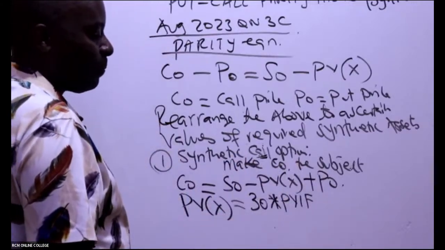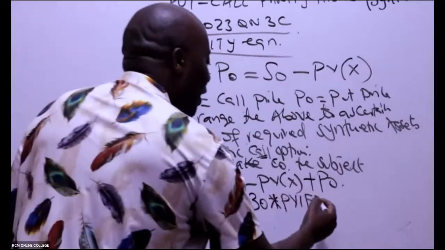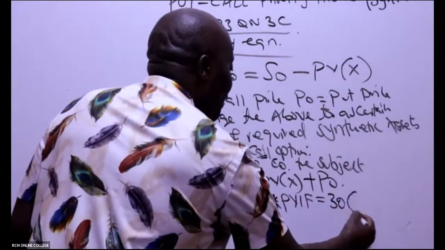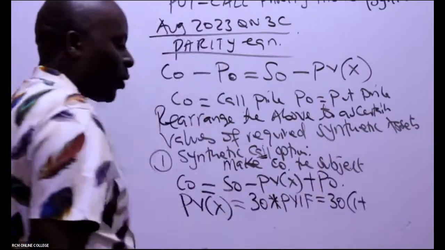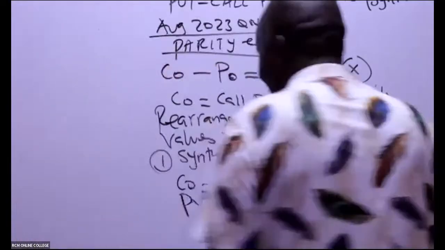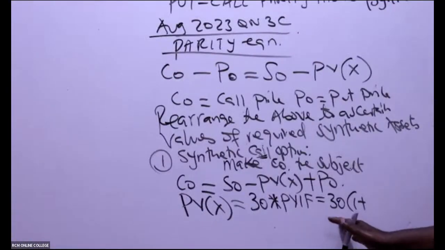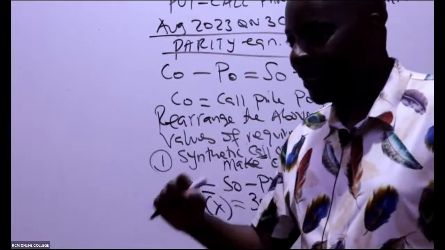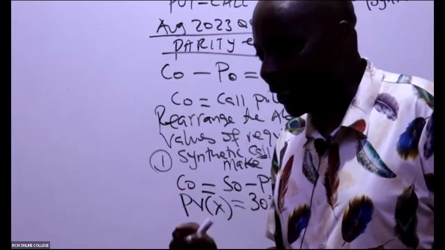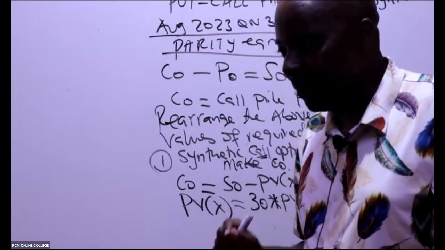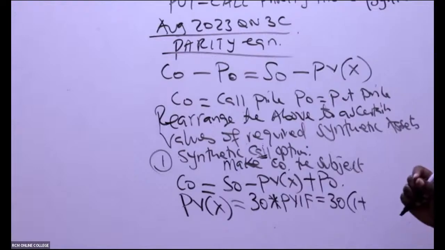So it will be 30 into... is there somebody who is able to remember the formula for PVIF? You know, as the pressure increases, people forget very basic things.